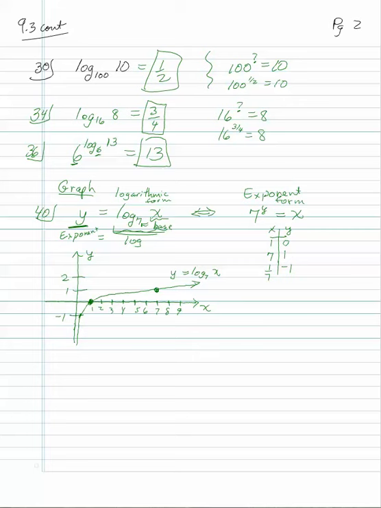So it's easier to think of it in the exponential form. Pick the y coordinates, the 0, 1, negative 1, and then plug them into that exponential form. 7 to the 0 is 1, 7 to the 1 is 7, 7 to the negative 1 is 1/7. Plot those points, (1, 0), (7, 1), (1/7, negative 1), and then you make your graph.